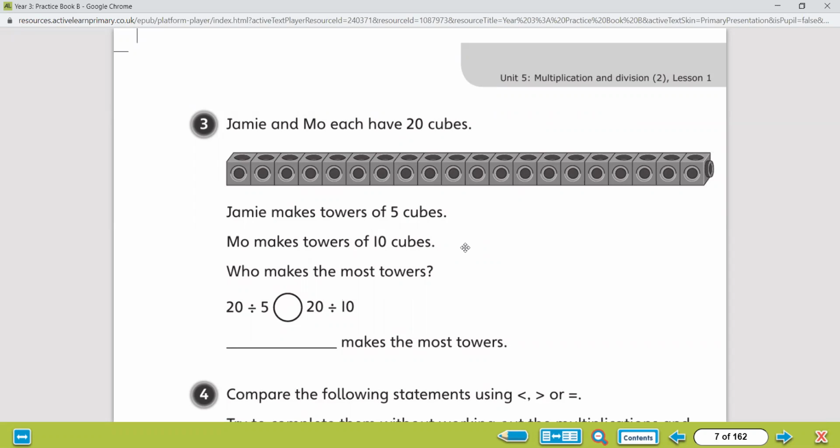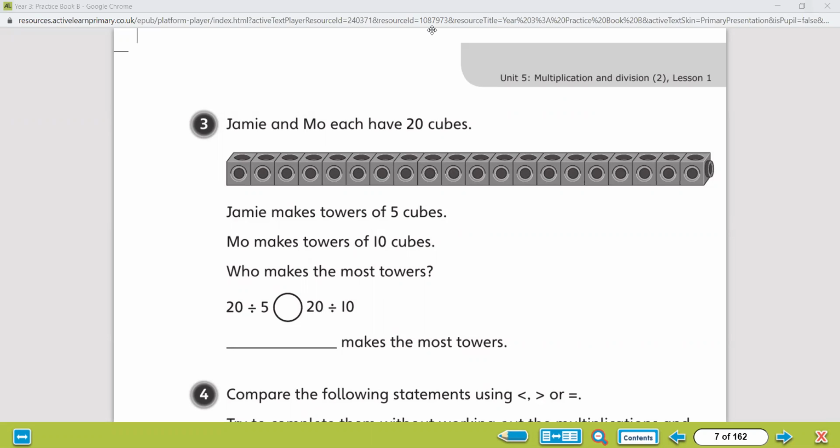If I'm counting in 5s to 20, how many groups can I make? 5, 10, 15, 20. That took me 4 groups. When I'm counting in 10, let's see how many groups it takes to get to 20. 10, 20. Oh, that's only 2 groups.